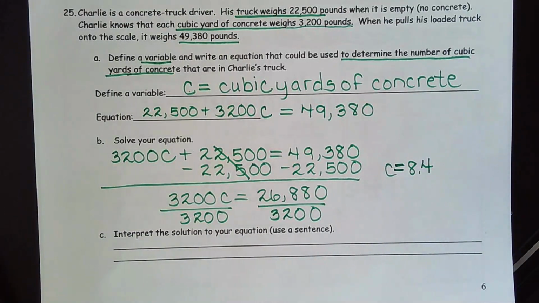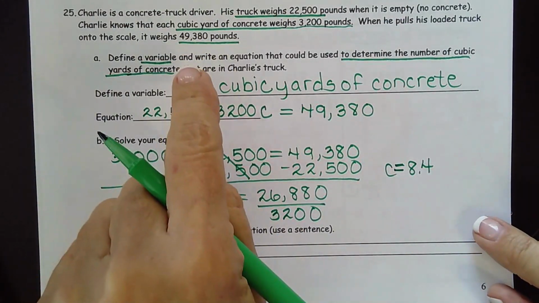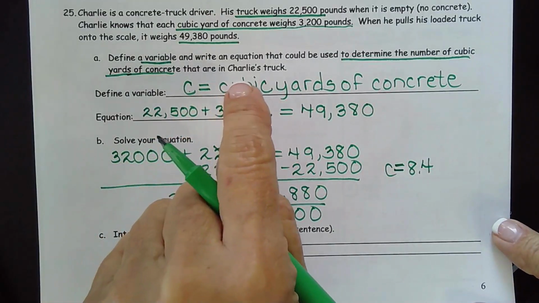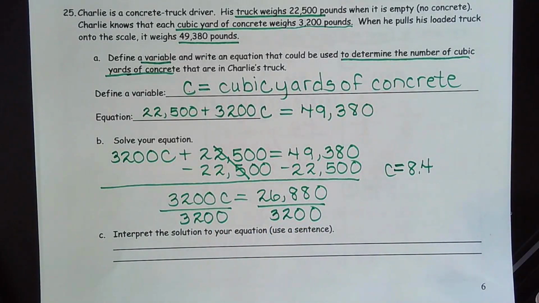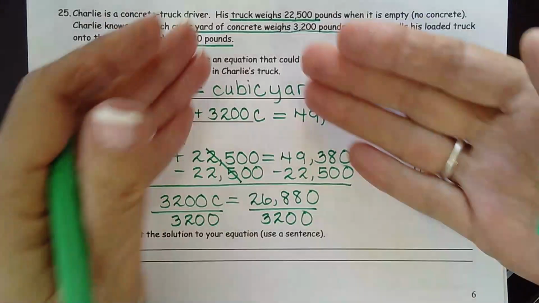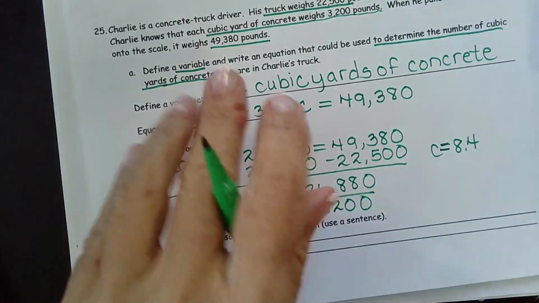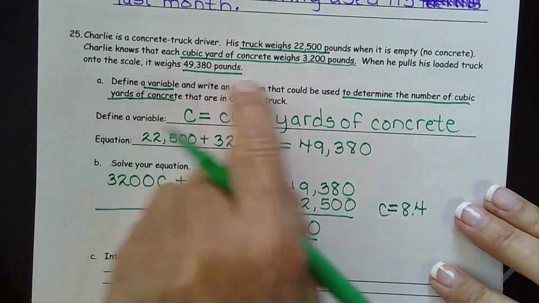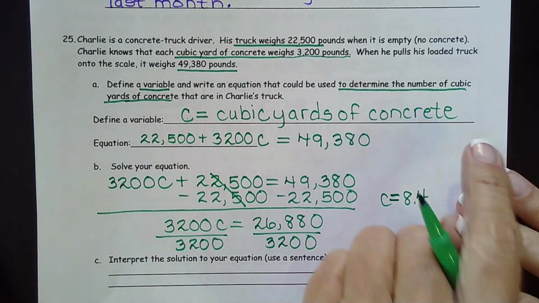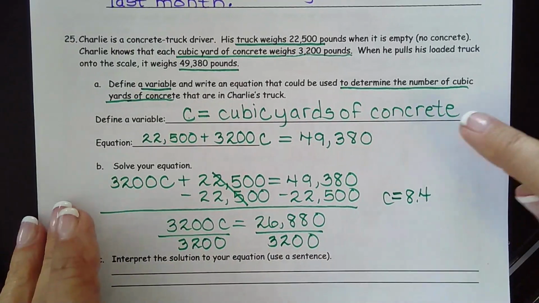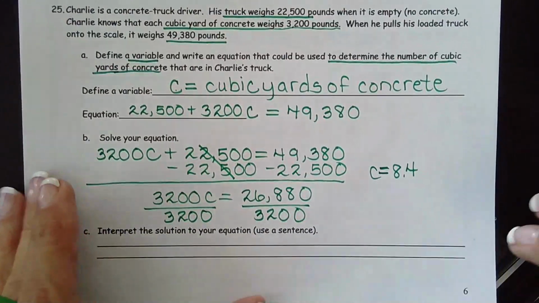I don't have to sit and go, oh, what am I going to write for that? What does C represent? Cubic yards of concrete. Isn't that nice when you have everything right there at your fingertips? You don't have to go back and reread the problem and try to figure it out. That's why the first step of every word problem is writing that variable statement.